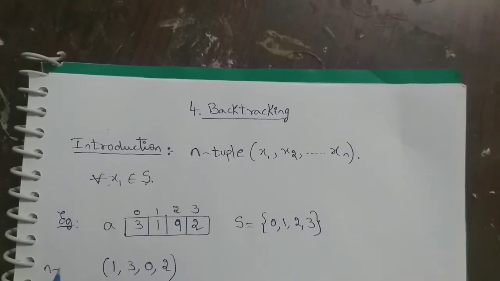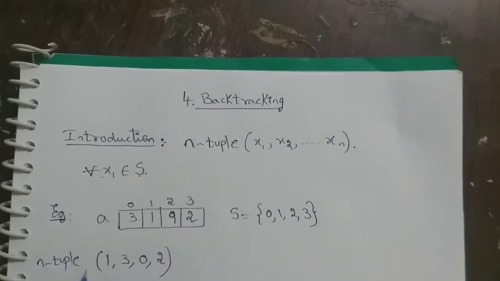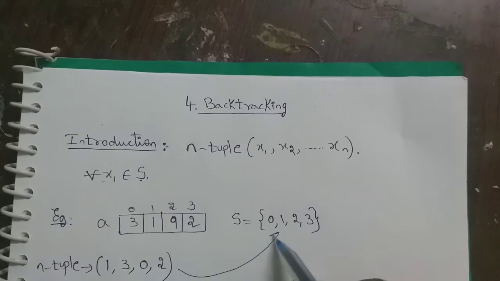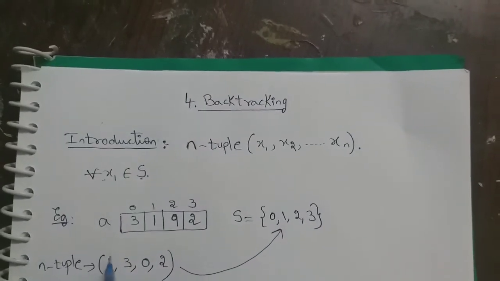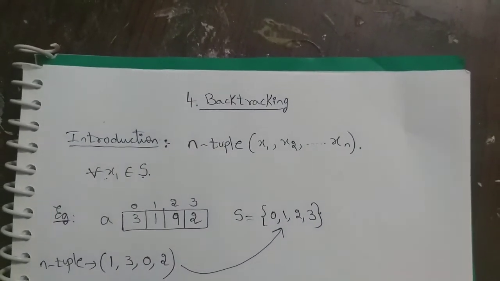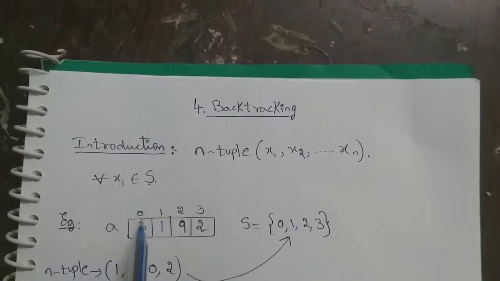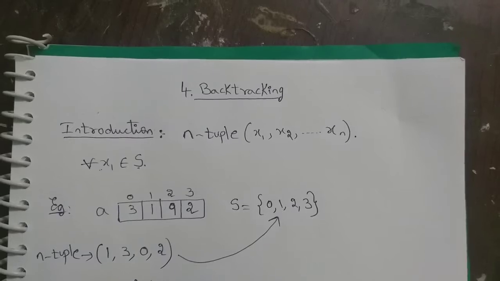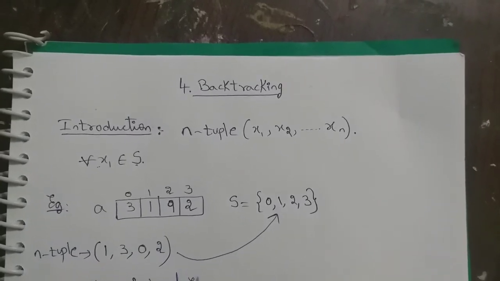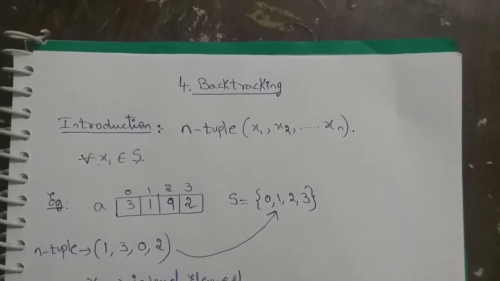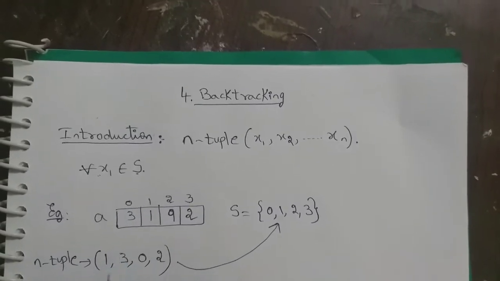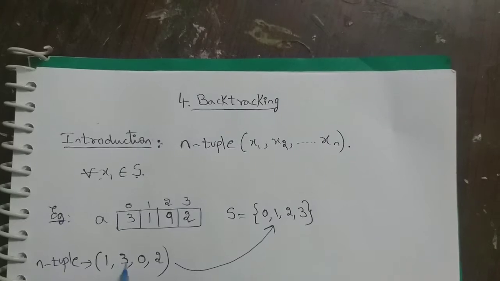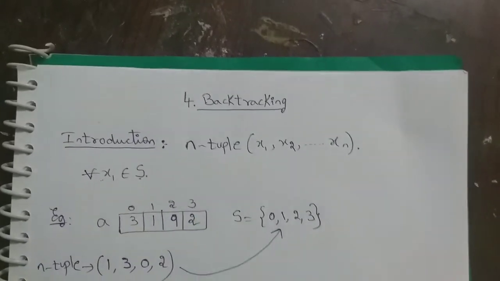We represented the solution for this sorting as an n-tuple solution, and each xi belongs to this set S. What does each xi represent? Each xi represents the index of the element. Here 3 in the solution vector represents the element at index 3.